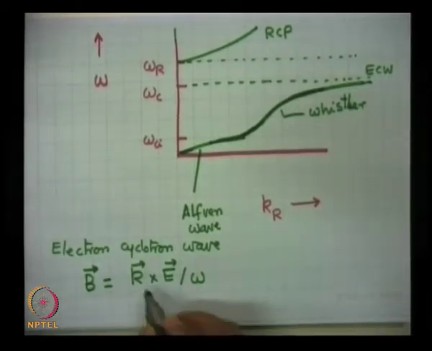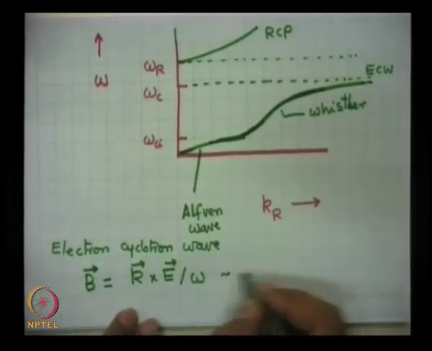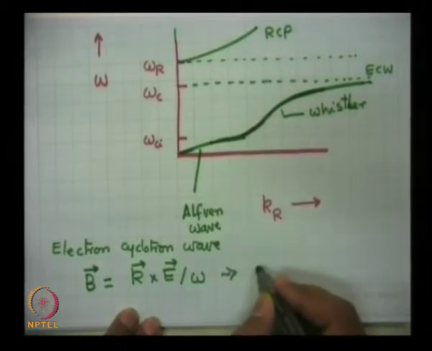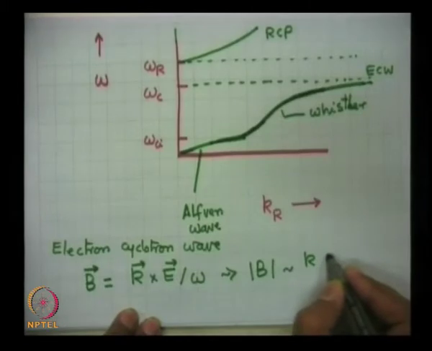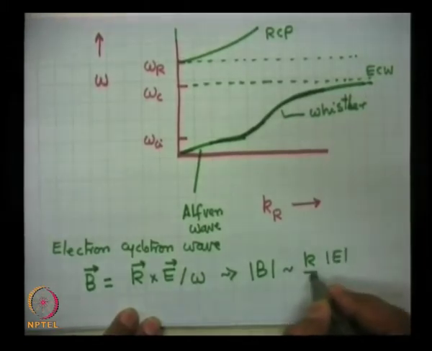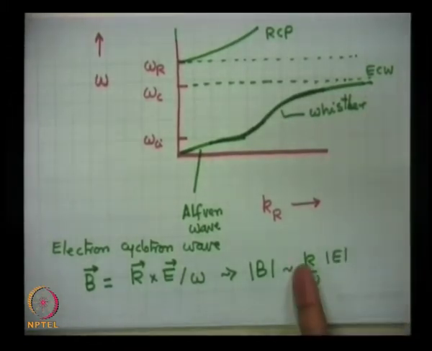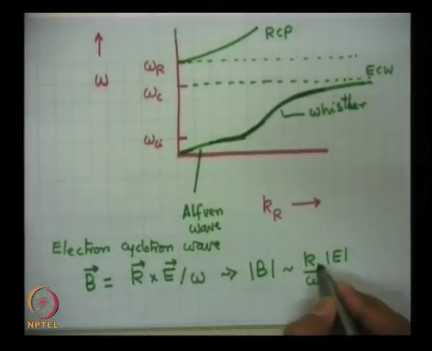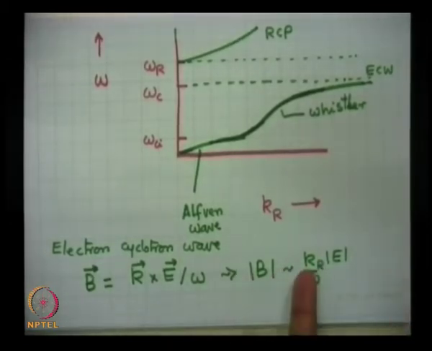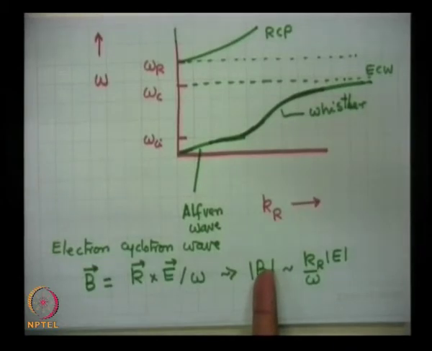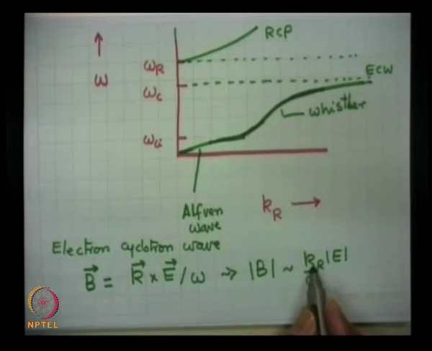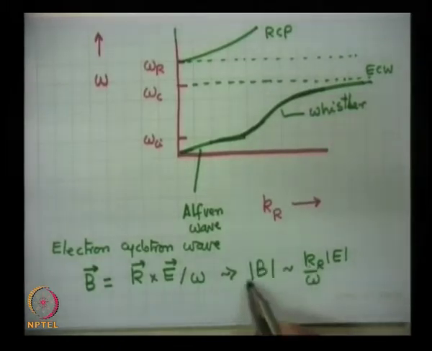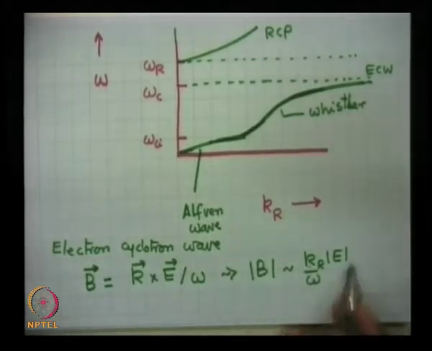Magnitude wise, B is K magnitude into magnitude of E upon omega. So, when K is large, for the right circularly polarized wave Kr, then B is very large. In the vicinity of cyclotron resonance, when K becomes very large, the magnetic field of the wave is also very large as compared to electric field.